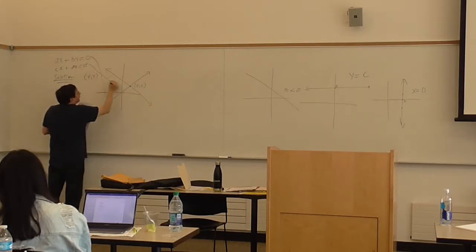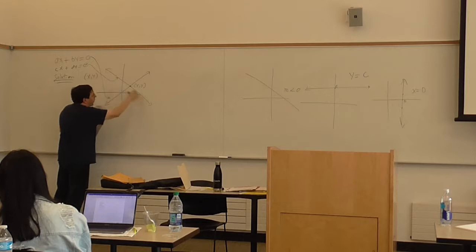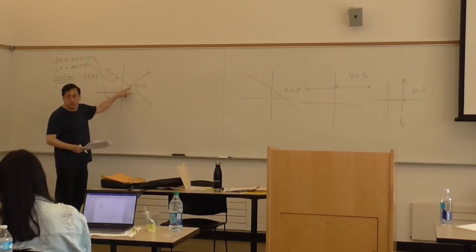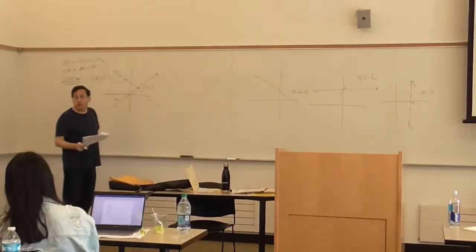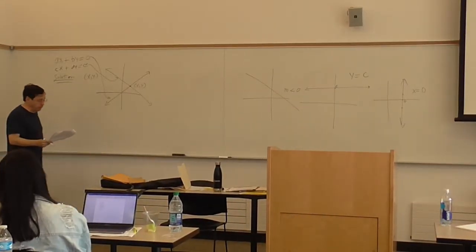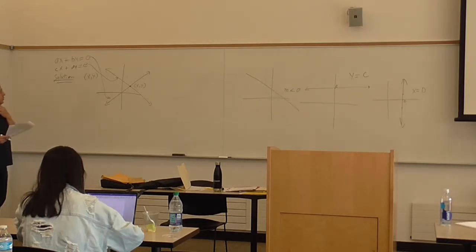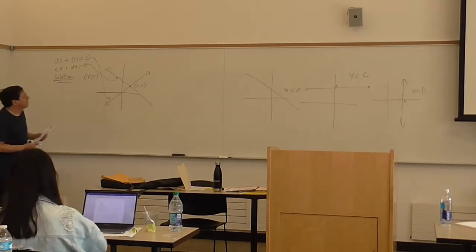The second equation has another line, all these points satisfy it. So the one point where they cross is the solution. We're going to look at how you find that solution, but before we do, we want to just take a look at the two gotcha cases.